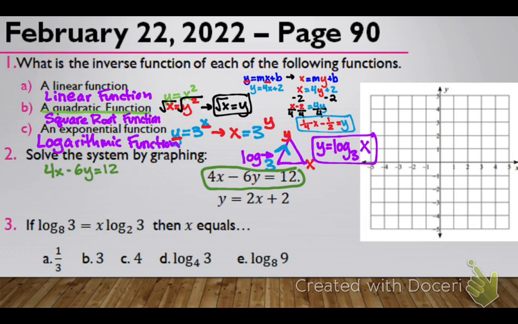How would I go about getting y by itself? What would I do first? Subtract 4x from both sides. And now I have negative 6y equals negative 4x plus 12.